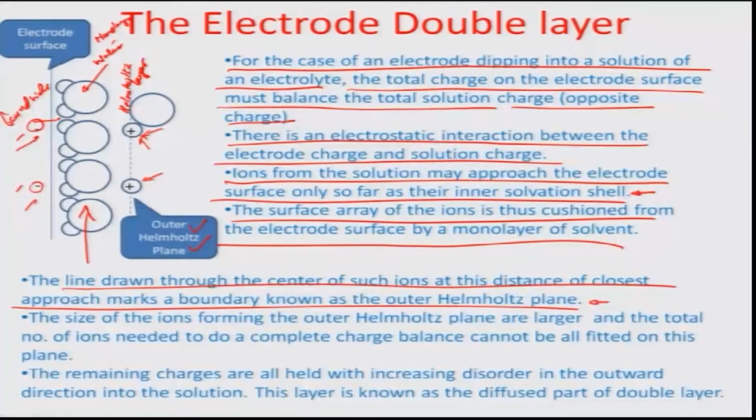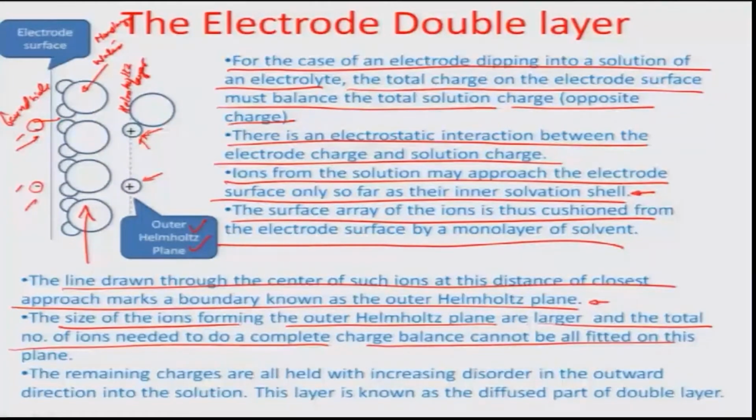The size of the ions forming the outer Helmholtz plane is larger than allows a complete charge balance, because these are very finely bound electrons which are densely present over the surface, and this layer of negative charge really cannot be balanced because of a size constraint, because every ion in the solution carries a size around it.